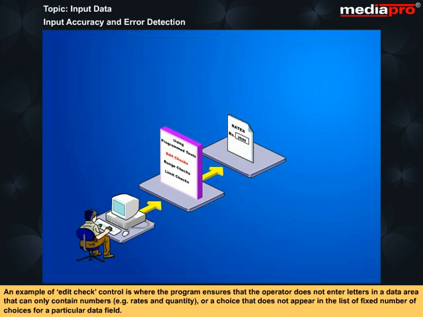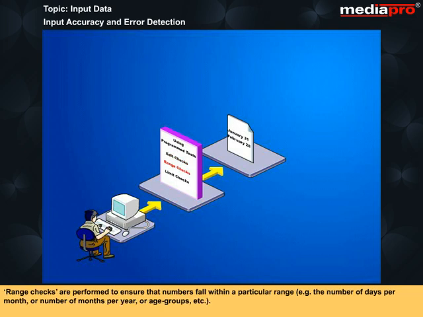An example of edit check control is where the program ensures that the operator does not enter letters in a data area that can only contain numbers, example, rates and quantity, or a choice that does not appear in the list of fixed number of choices for a particular data field.